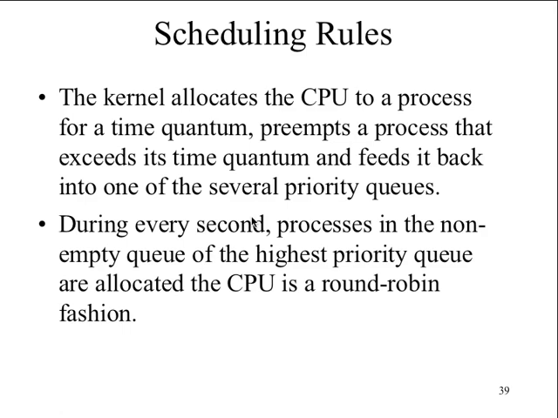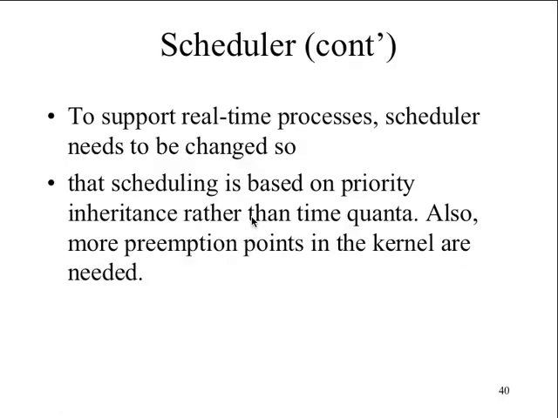So sometimes we have to wait for certain things to happen in terms of the kernel activity. So during every second, processes in a non-empty queue with a higher priority are being run. So we have a round-robin type of fashion that's kind of fair, that's used in a lot of schedulers. There might be support for real-time processes, in terms of things happening simultaneously, communication with other systems, networking processes. So a schedule is based on priority of inheritance rather than time quantum.